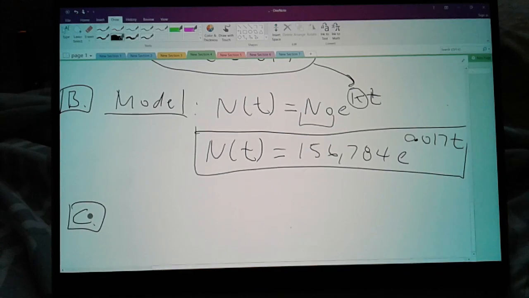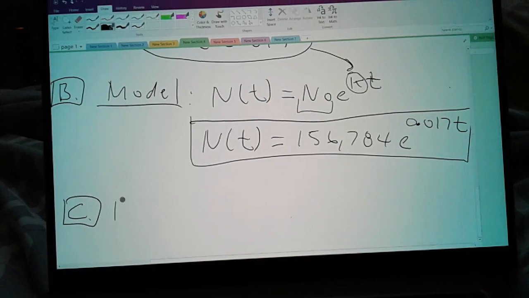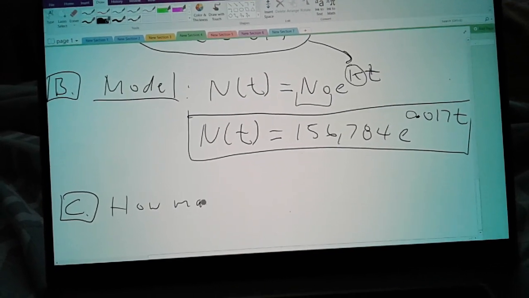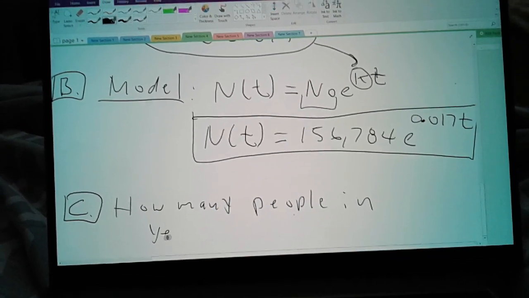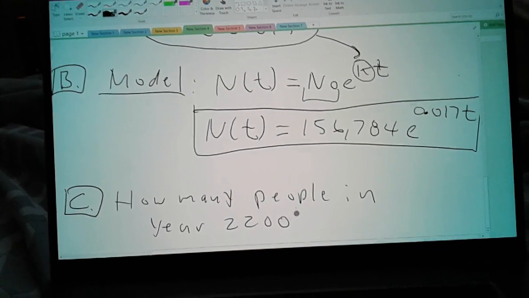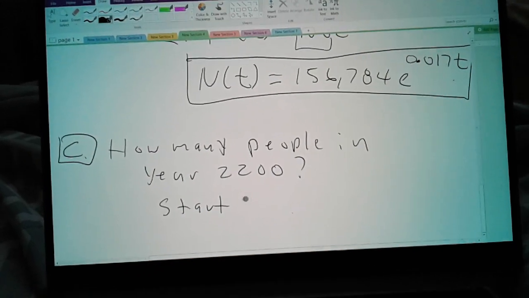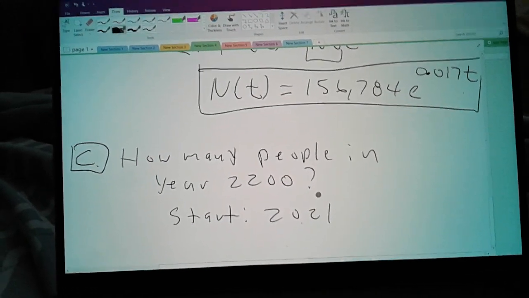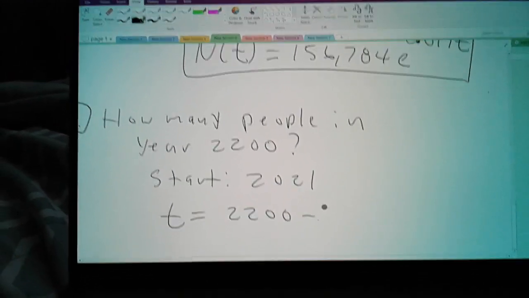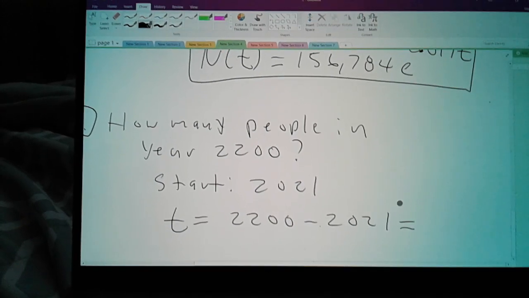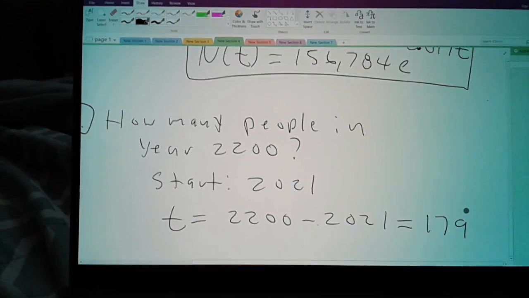So I ask you, how many people are going to be living in 2200? Well, we started in 2021, right? That's our starting point. So my T is going to be 2200 minus 2021, which is 179 years.